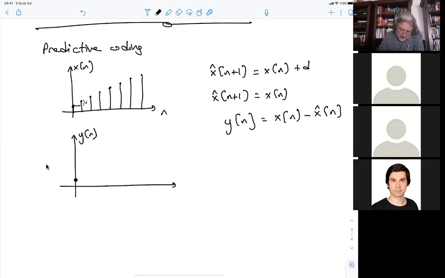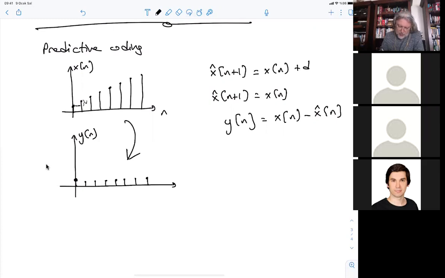The first sample will be itself, because previously it was 0, and the difference between 0 and itself is itself. But then the differences will be only D, because the difference between the actual and the previous samples is always D. So it will be D, D, D, D, D, D, D, etc.